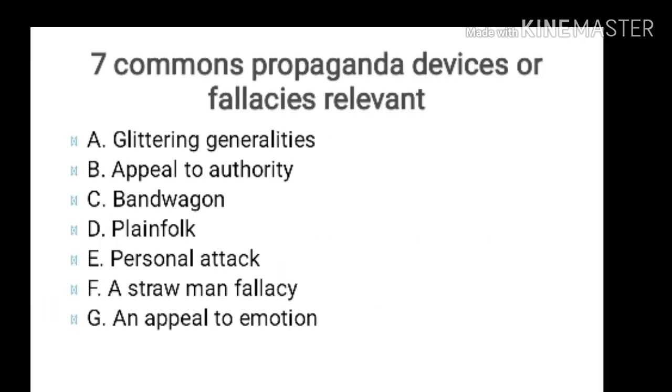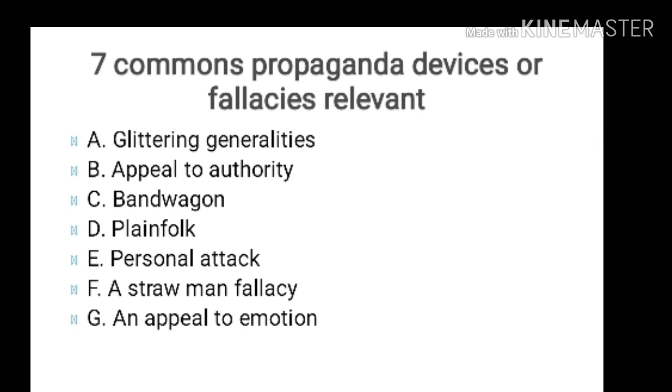There are 7 common propaganda devices or fallacies of relevance. The first, glittering generalities, are sweeping statements that are unsupported by hard evidence.